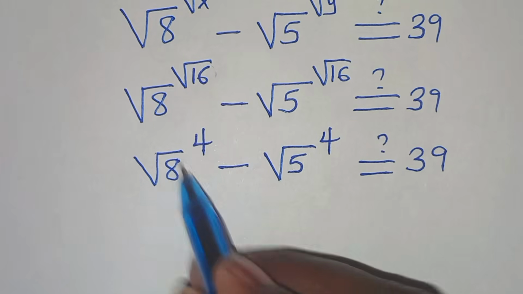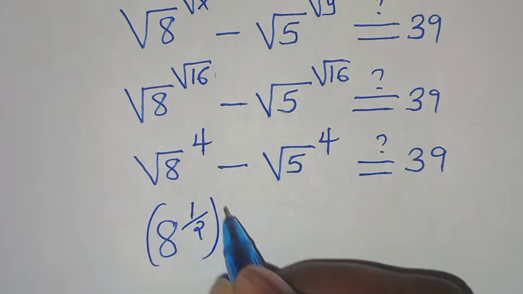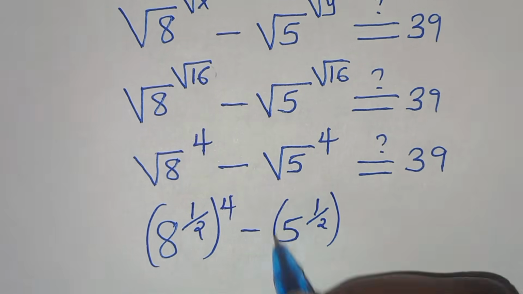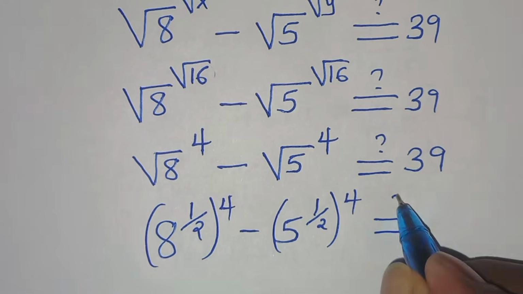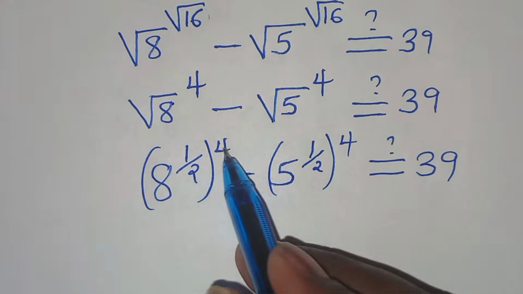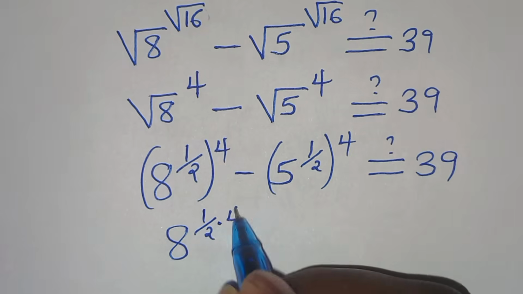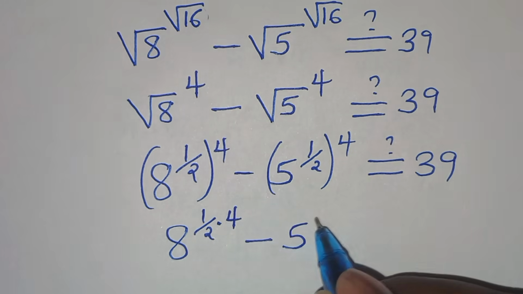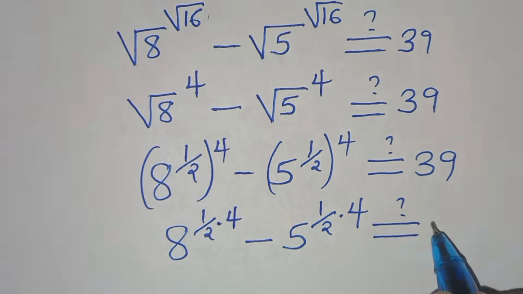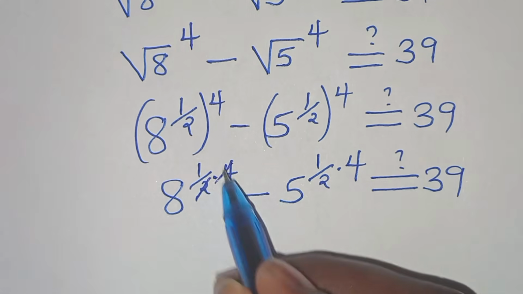We can express the square root of 8 as 8 to the power of a half, raised to the power of 4, minus 5 raised to the power of a half, raised to the power of 4. So we can express this as 8 to the power of a half times 4, minus 5 raised to the power of a half multiplied by 4. If you simplify here, 4 divided by 2 is 2.